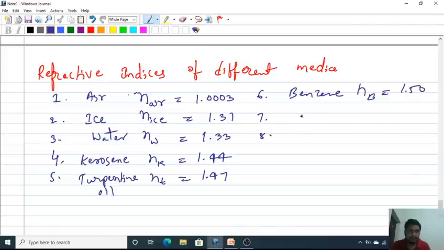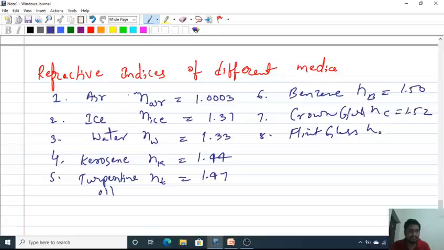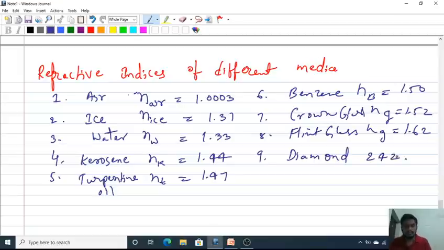There are two different glasses, crown glass and dense flint glass. Crown glass has refractive index 1.52, and dense flint glass 1.62, and for diamond it is about 2.4.